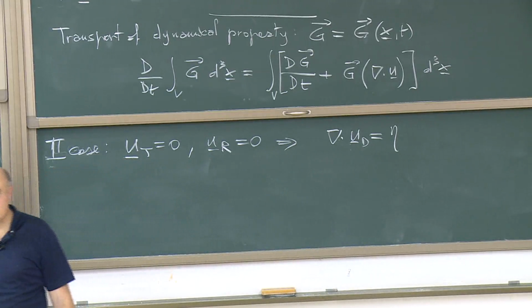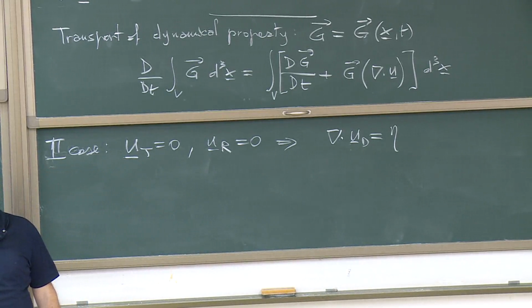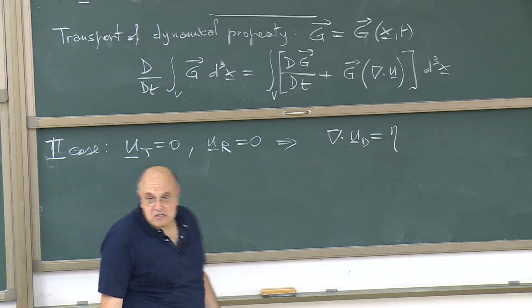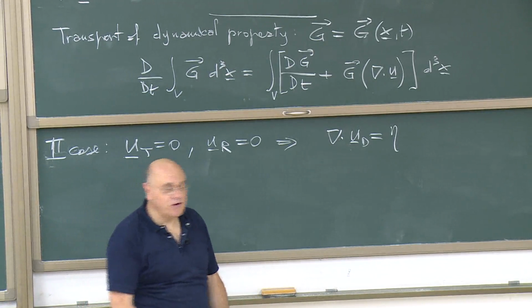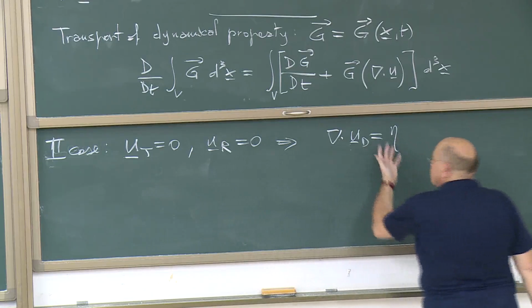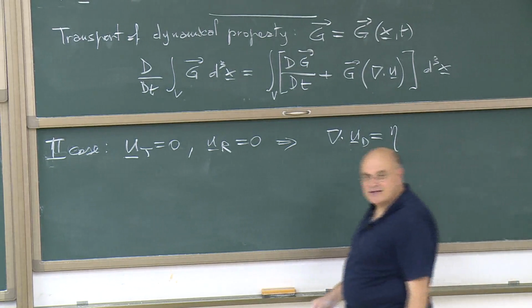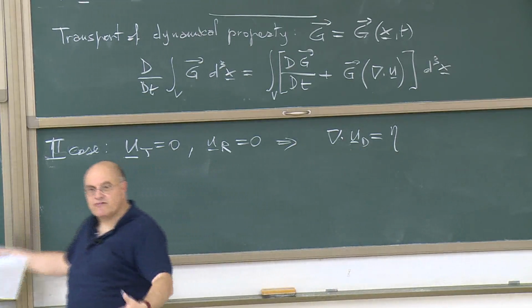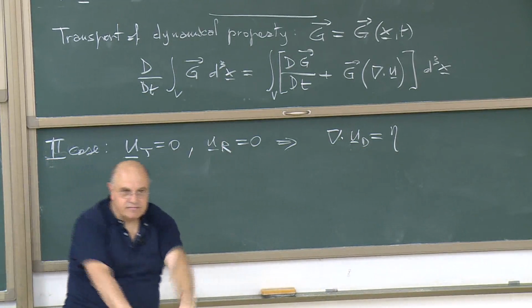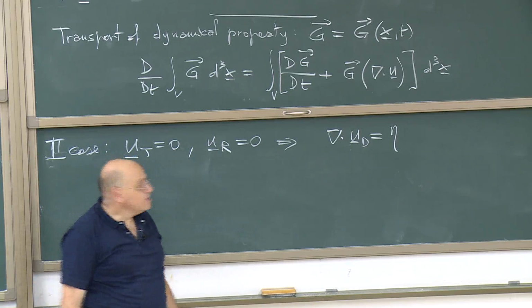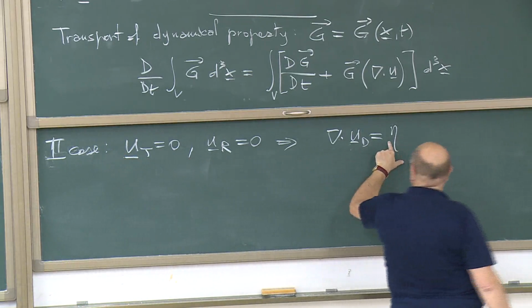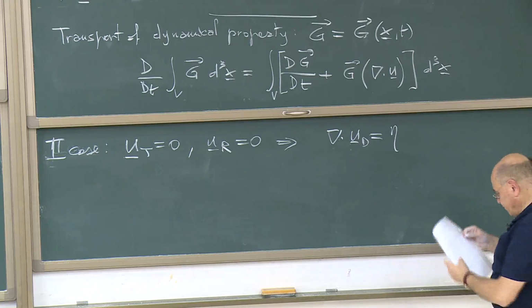So it is divergent. Something is divergent. In fluids, if you really want to talk about fluids, it's not an electron, it can be a sink or a source. It's the same thing. It's a field that comes out from something or it goes into something. So this is different from 0. We assume eta is different from 0.